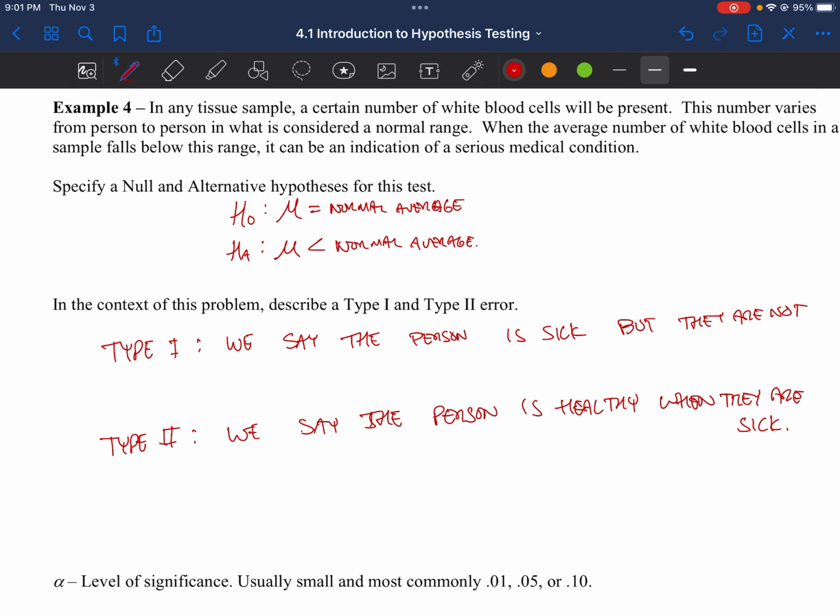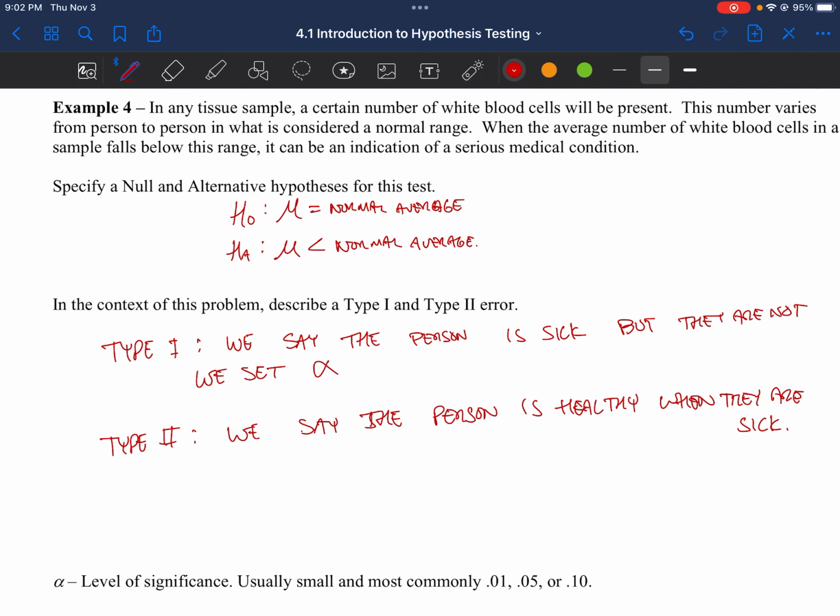Okay, this is worse. But again, our level of significance, we can set this one. We set alpha, okay? So the probability that somebody is sick, oh, so I guess this is the bad thing, okay?